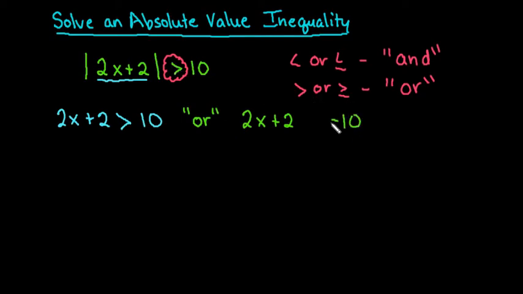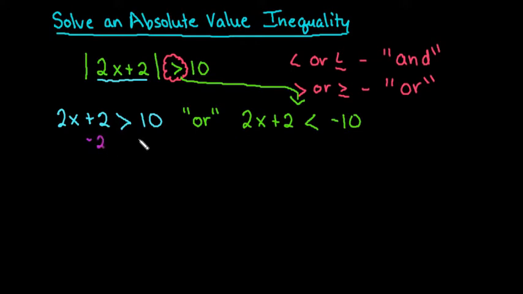But with this, remember that when we change the sign of the value, we must also change the inequality sign. So this must switch to less than. So our two inequalities that we would have to solve are 2x plus 2 is greater than 10, or 2x plus 2 has to be less than negative 10. Those are what we are looking for.